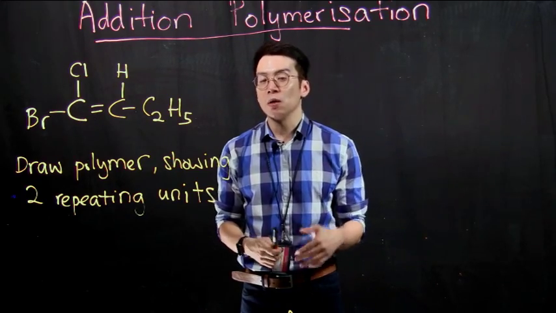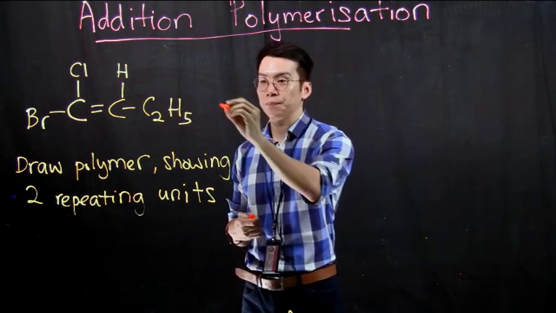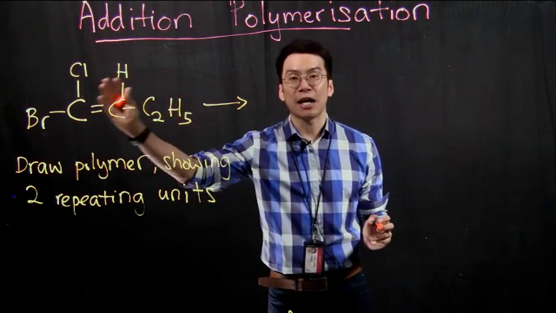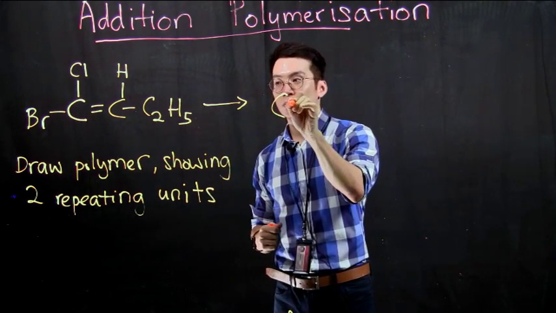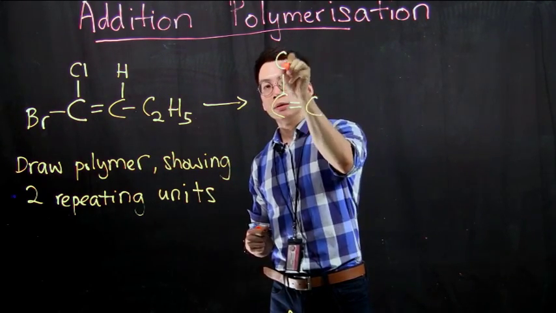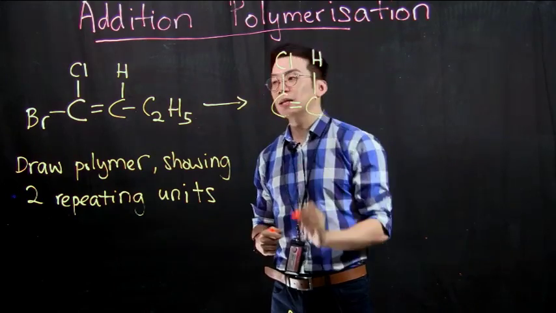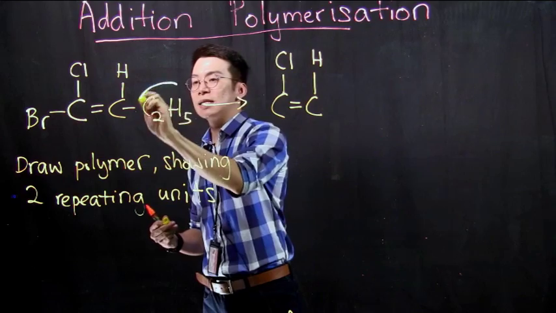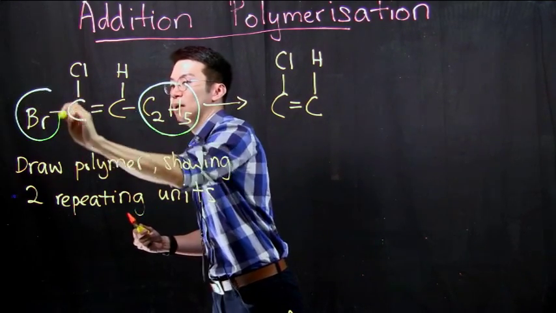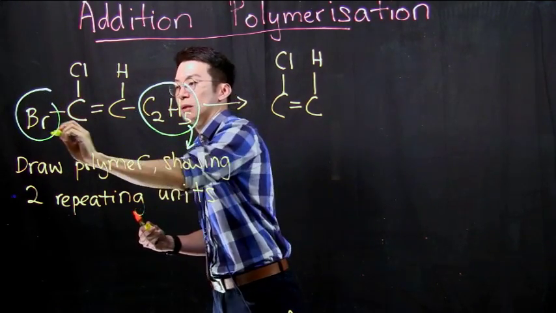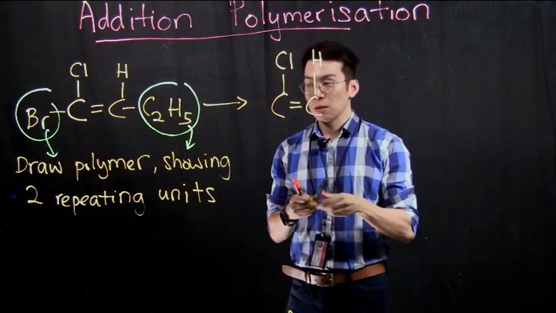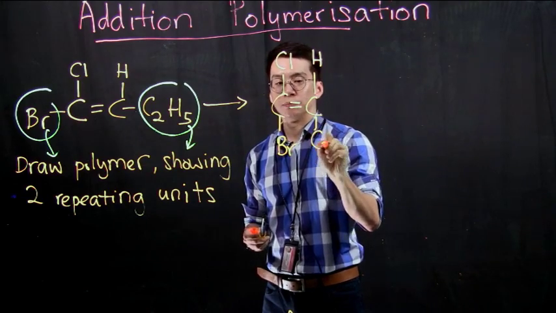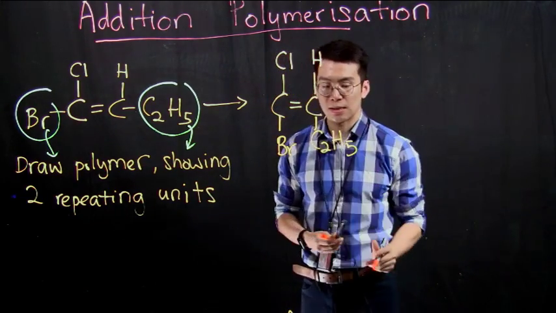Like I mentioned just now, the first step is to make sure that there's nothing on the left and right. On top, nothing changes. To the left and to the right, this C2H5 and this Br, we can push down. So we get this.